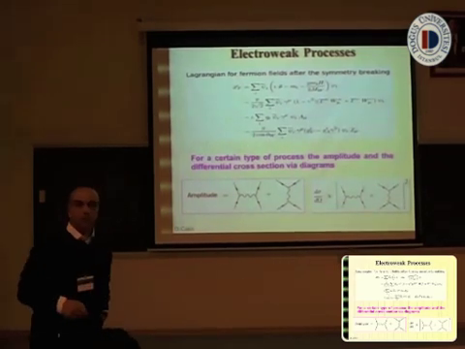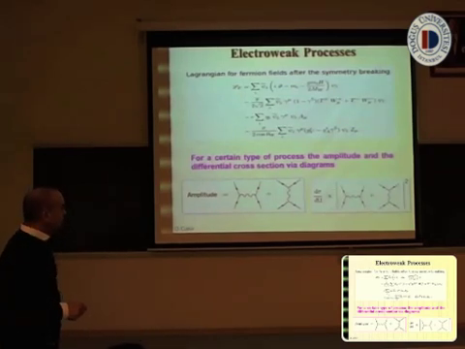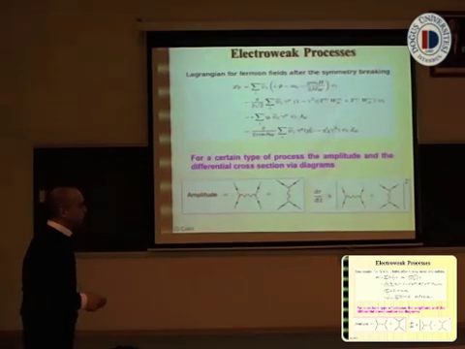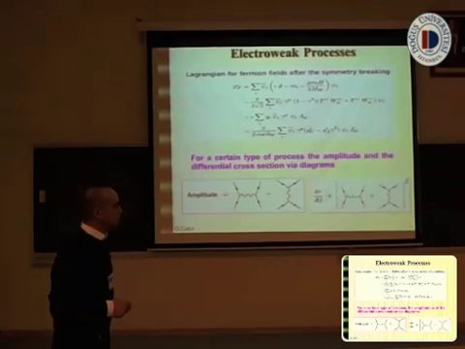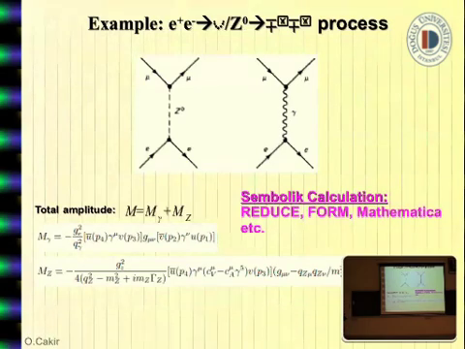Maybe there will be a U channel like this diagram, but we have to add them to give the total amplitude, and we have to square the total to get the differential cross section here. So it's an example again. You may study this one in the evening.